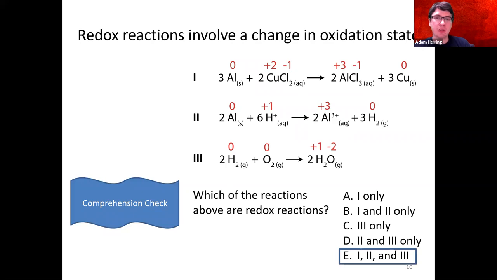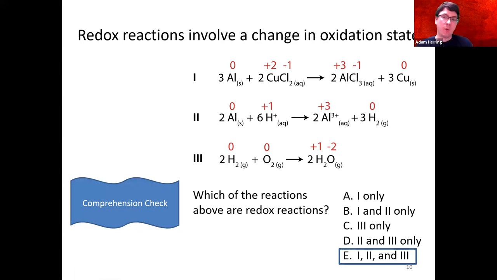Now, something to notice here, a shortcut, if you will. When you look at a substance that is elemental, like aluminum and copper in the first reaction, if they're changing from an elemental form to a non-elemental form, meaning aluminum went from aluminum metal to aluminum in an ionic compound, it has to change oxidation state.